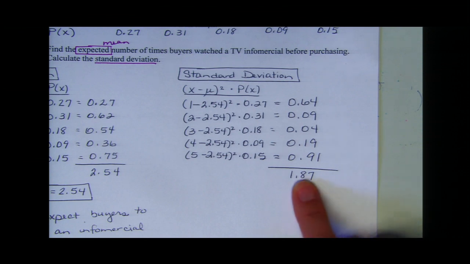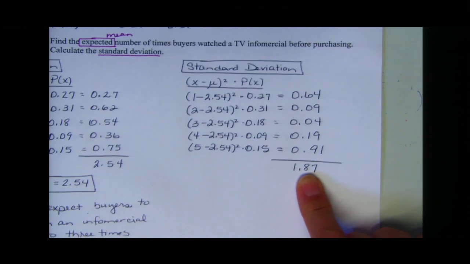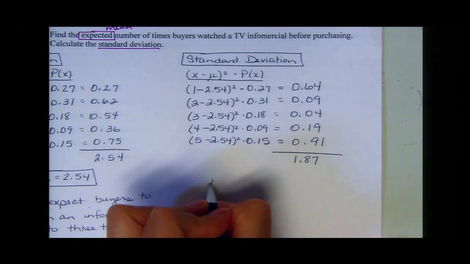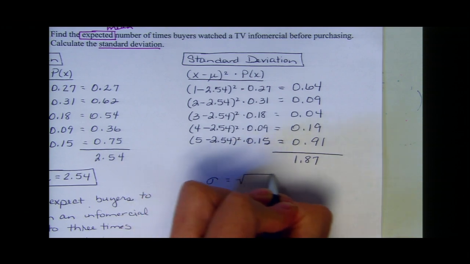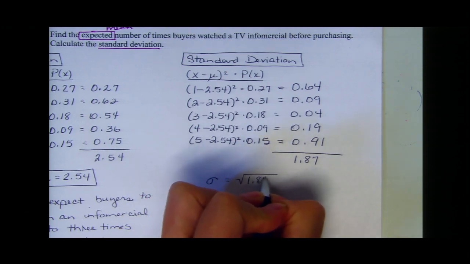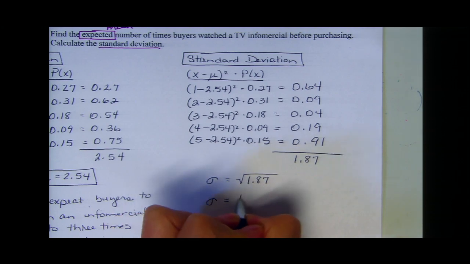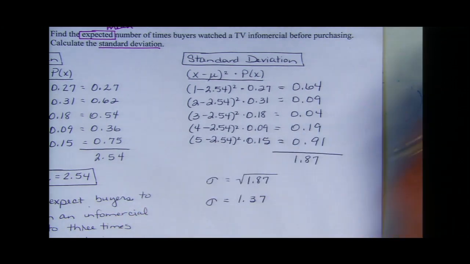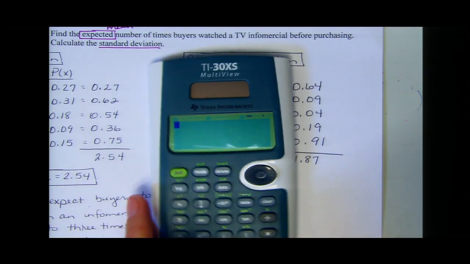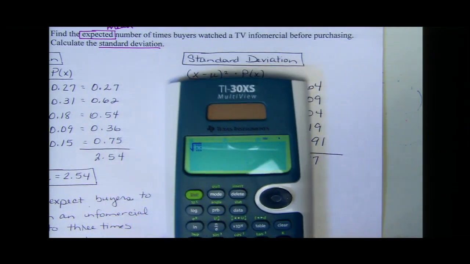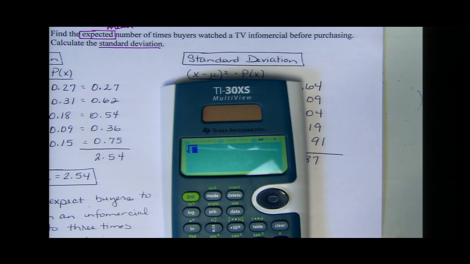This is not my standard deviation. I am not done yet. To find the standard deviation, you have to take the square root of 1.87. So the standard deviation is 1.37. Double check that. So the square root of 1.87, whoops, need to get out from under the radical.